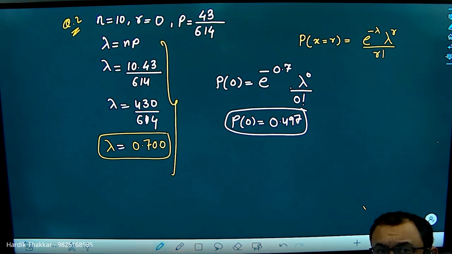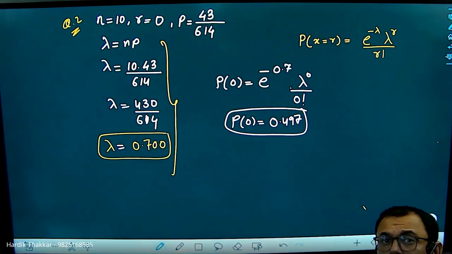So while calculating, p is equal to 1 minus q, we got... I'm solving it. So lambda 2.1 we can get, no?